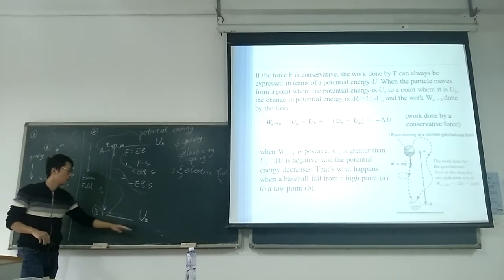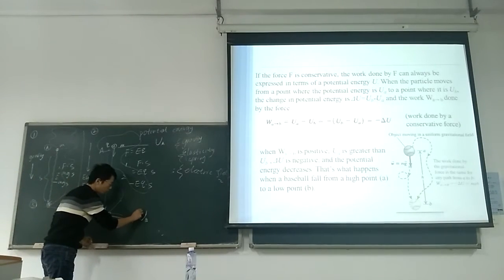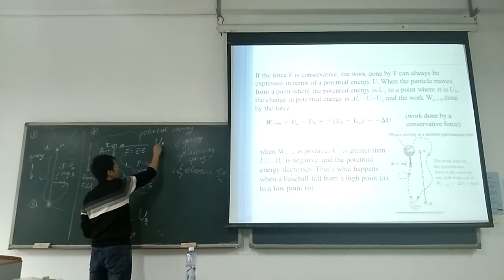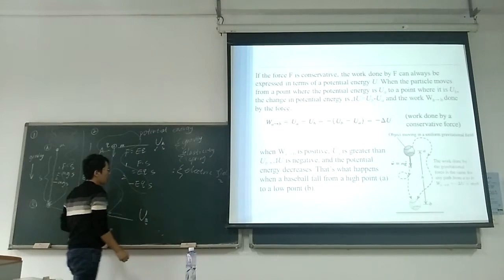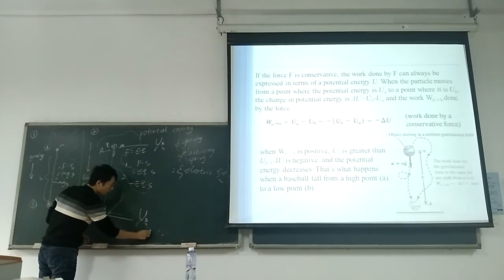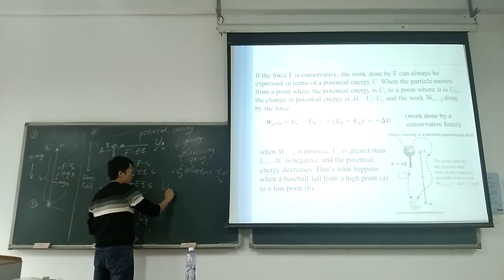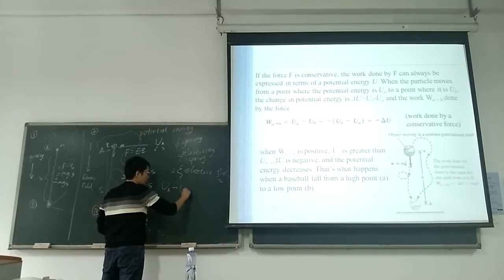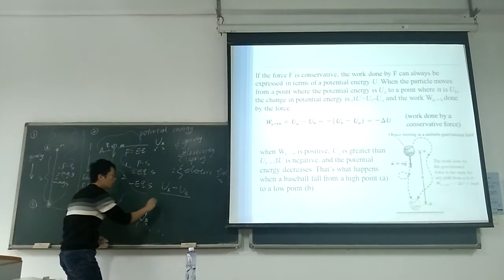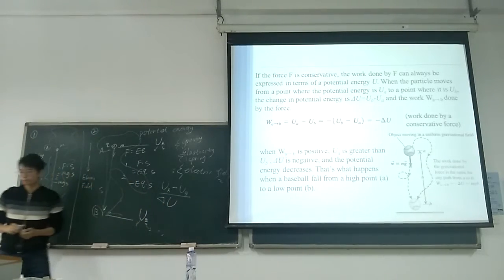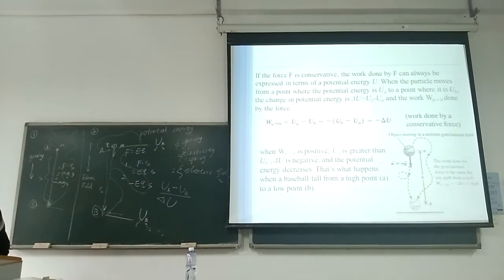And the point B, we name it UB, with the symbol U and the point symbol B. That is the potential energy at point A and the potential energy at point B. The variation in the potential energy can be written as UA minus UB, or delta U. There's an exact explaining of the variation in potential energy.